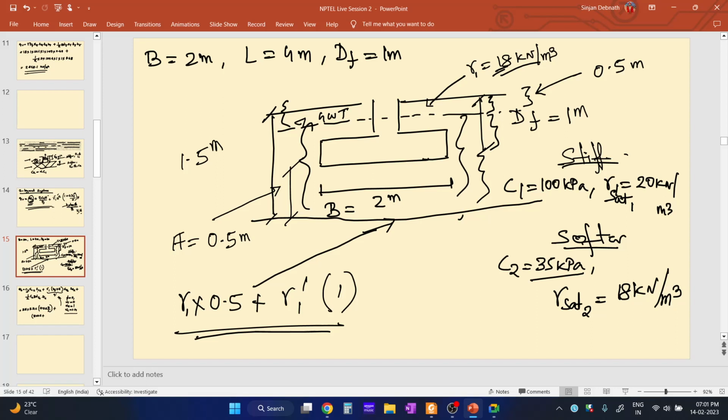We have considered gamma 1 for this part, that is above the groundwater table. The unit weight gamma 1 is equal to 18 kilonewton per meter cube, and below the groundwater table, all the soil is submerged. So for that we considered the submerged unit weight, that is gamma 1 dash. We know the gamma saturated is 20 kilonewton per meter cube, the saturated unit weight of this part. If we subtract the unit weight of water from that, we will get the submerged unit weight.